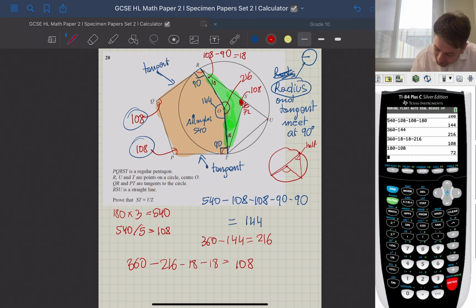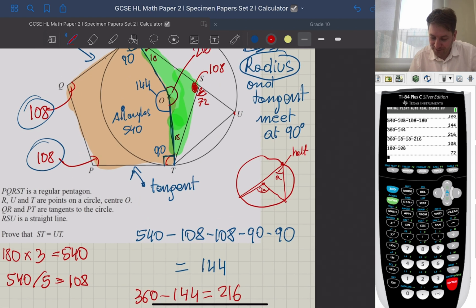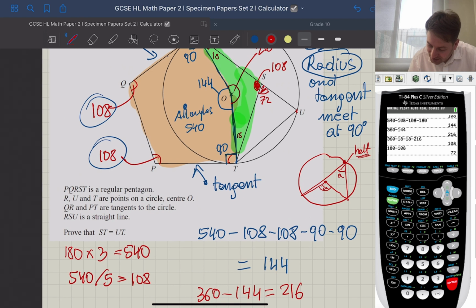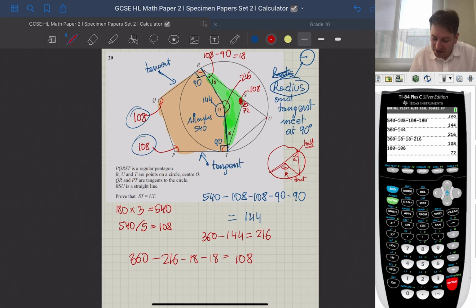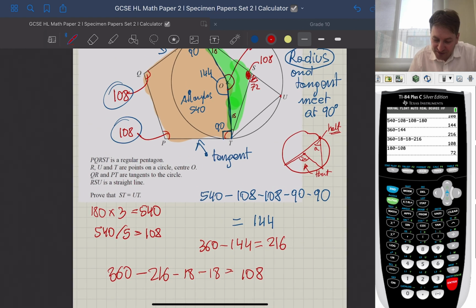This one is A, this one is 2A. So this is half of that one. That's one of the circle theorems. So if this one is 144, divided by 2 is obviously 72.